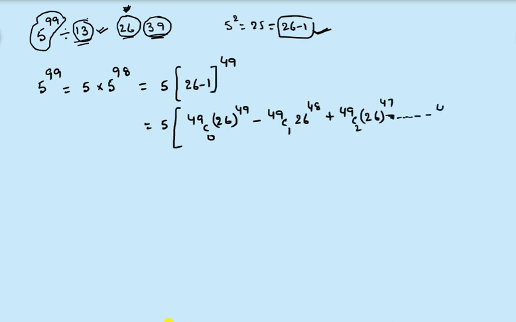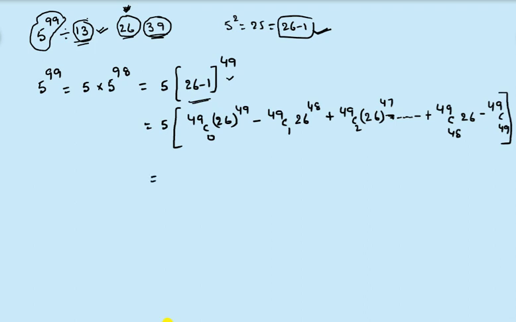Here you will get minus 49C48 into 26 plus you will get minus the last term 49C49. That is the expansion of 26 minus 1 whole to the power of 49 by using the binomial theorem.